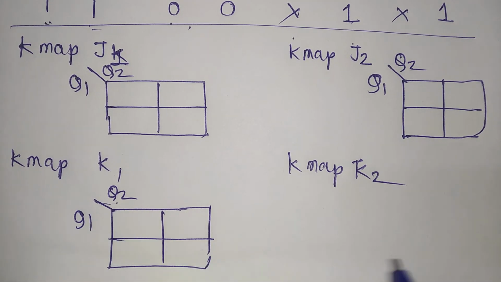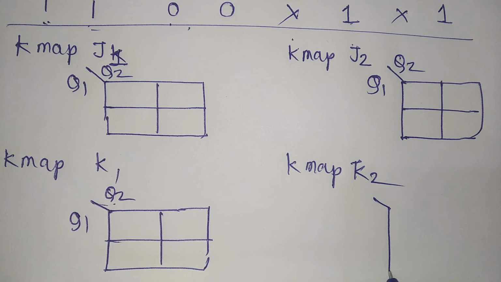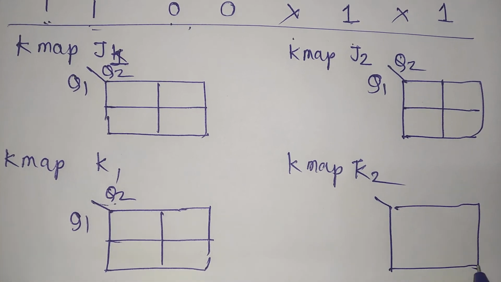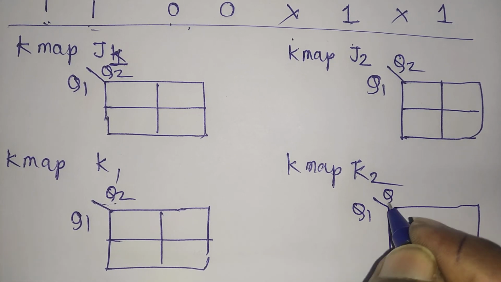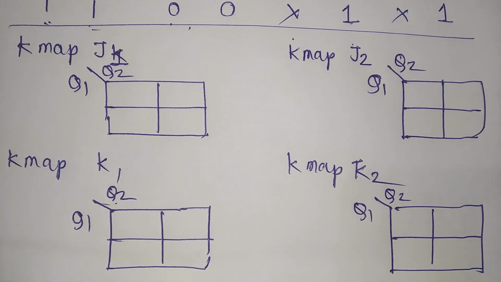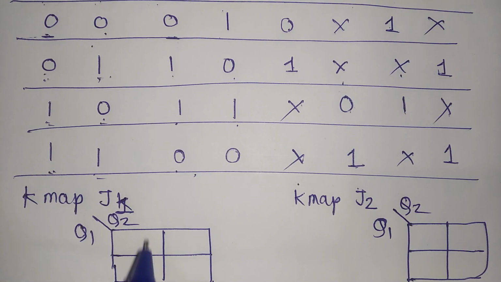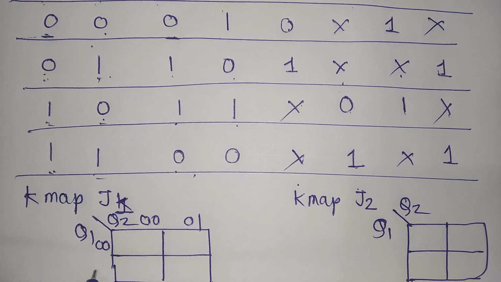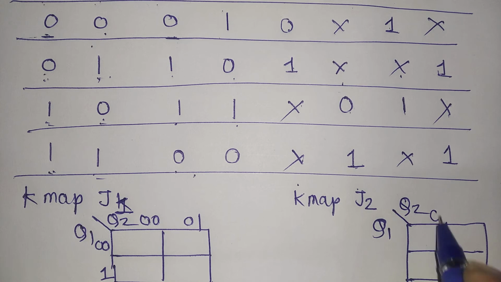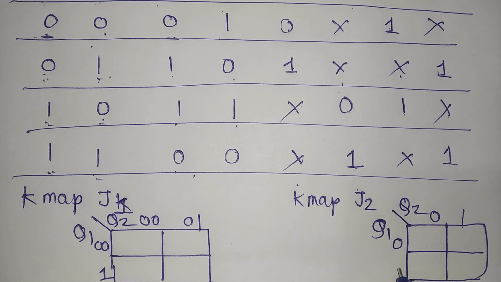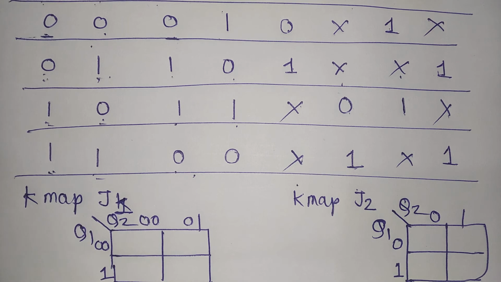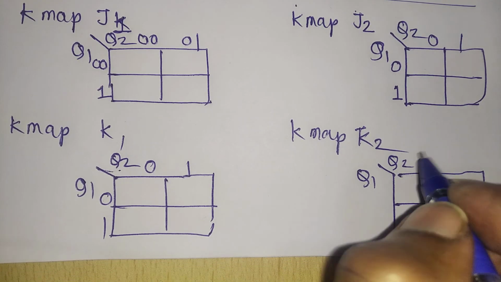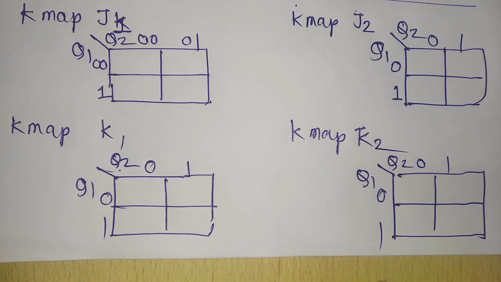Q1, Q2 is the input for all the K-maps, and each variable has two values, 0 and 1.